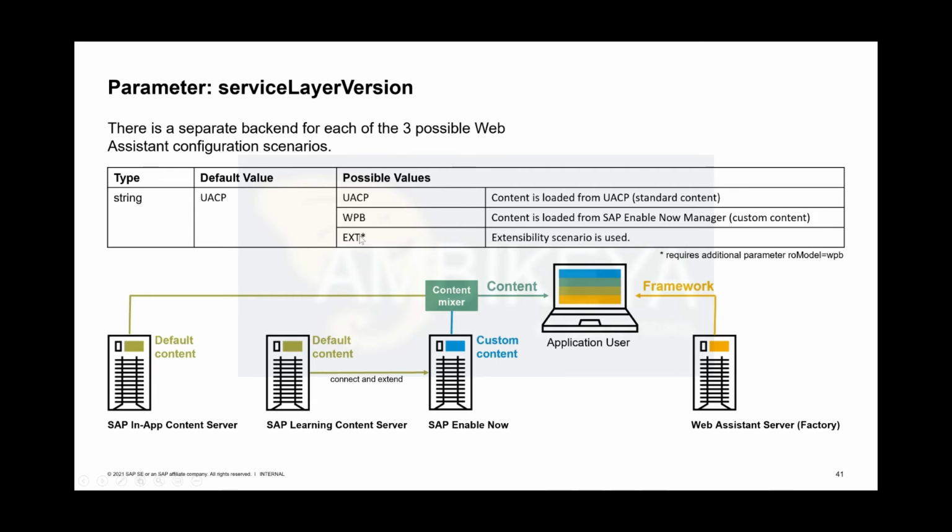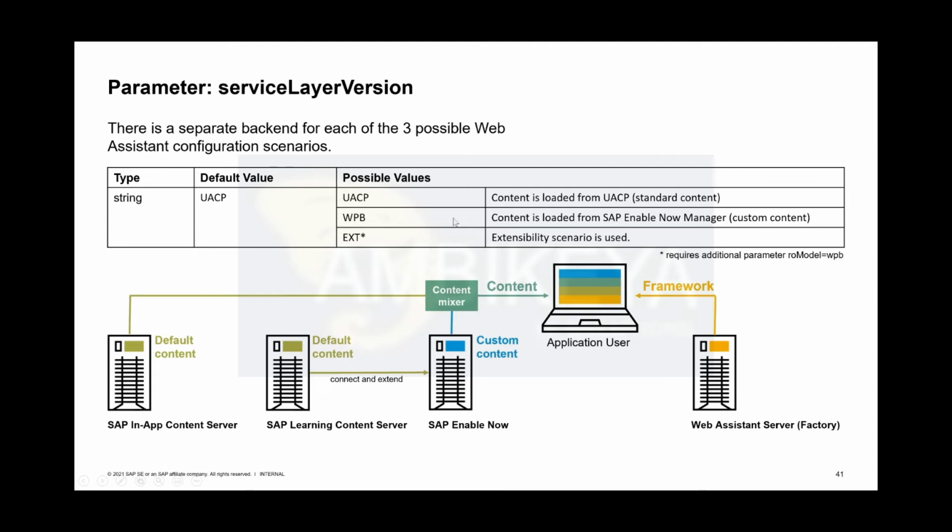And that one has one specific requirement, which is your second part of the question, Carol: it requires the additional parameter read-only model, RO model equals WPB. And don't ask me why. Only accept it as a must, because it doesn't do anything anymore. It was just implemented that way, because it did something another day, and it's still necessary for extensibility. I don't know what is technically behind that.